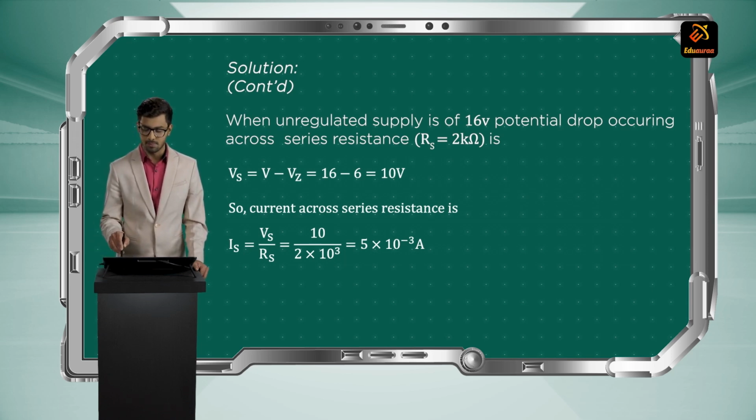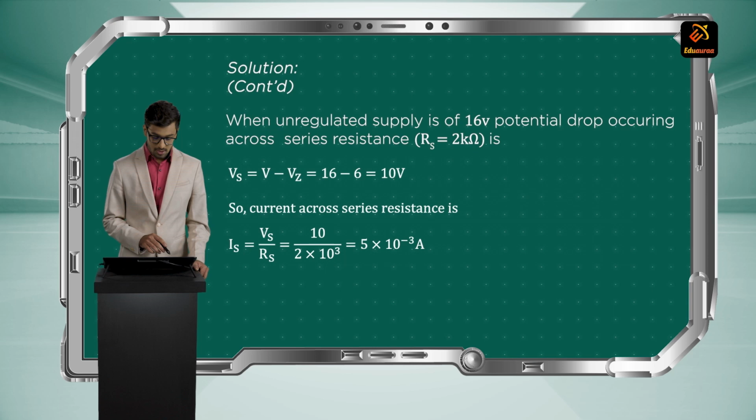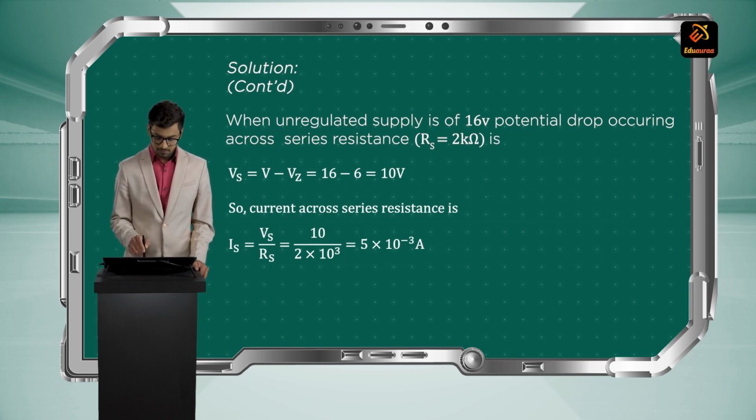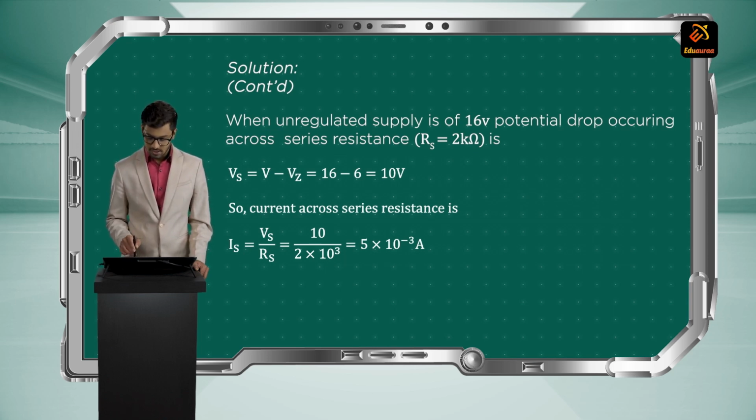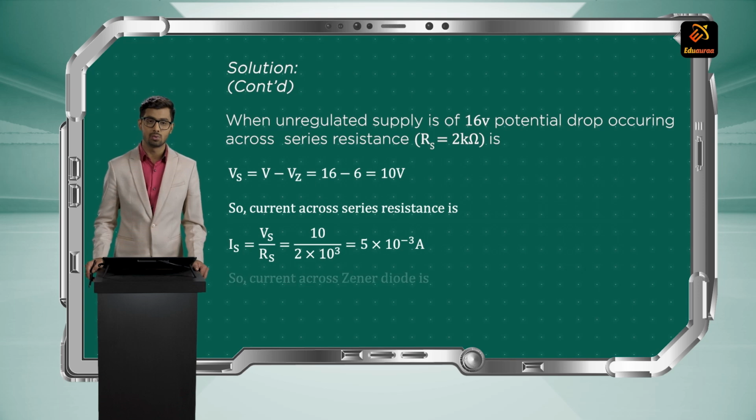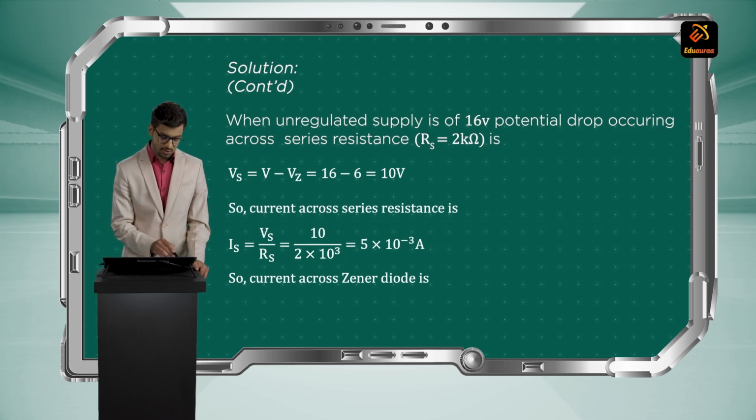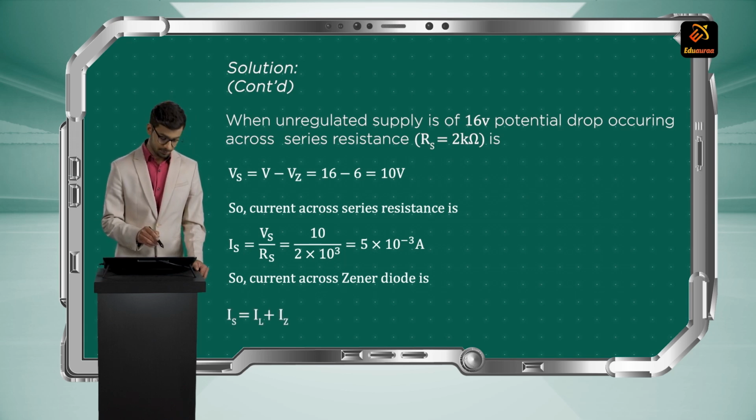Now, the current across the Zener diode. Let's take the equation of current. Total current is flowing through Is, and then Is gets divided into two parts. First goes across the Zener diode and second goes across the load resistor. So we can write Is equals IL plus Iz.